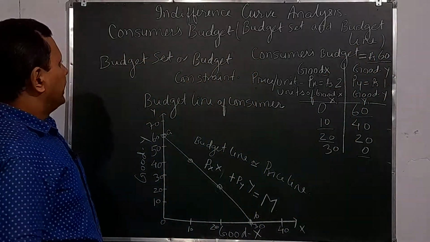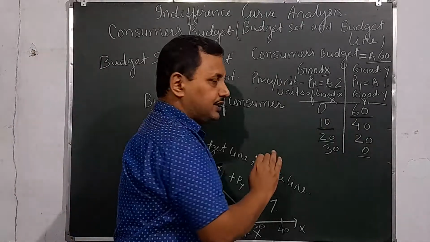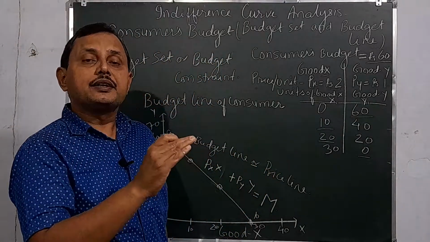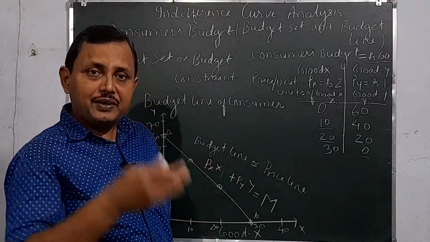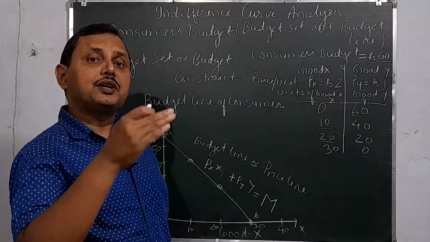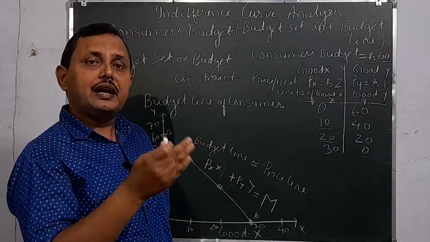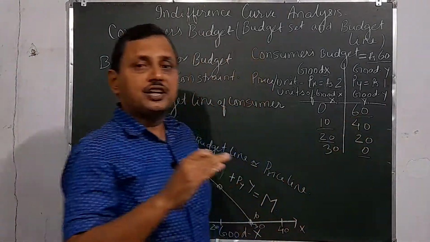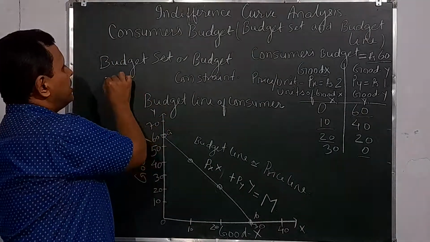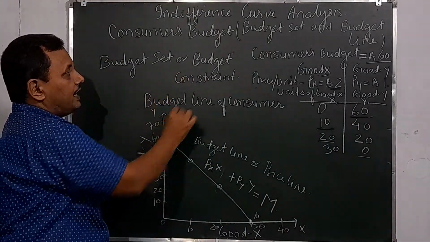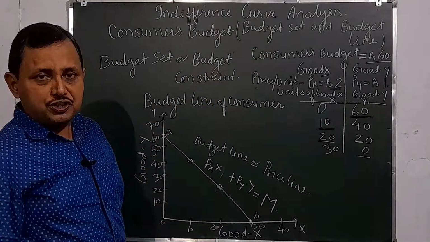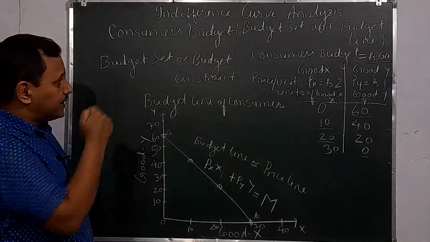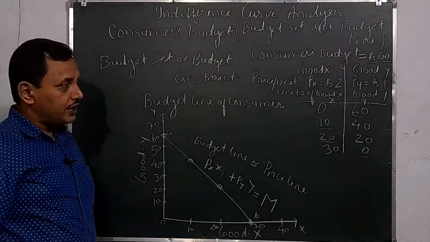So the various combinations which the consumer can purchase in his given budget, given the prices of the goods and the budget of the consumer, are known as the budget set, and it is also known as the budget constraint. Now we will define what a budget set or budget constraint is.